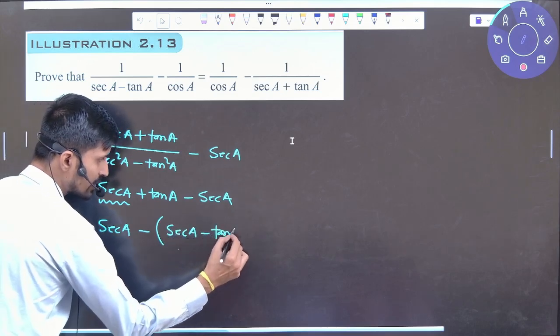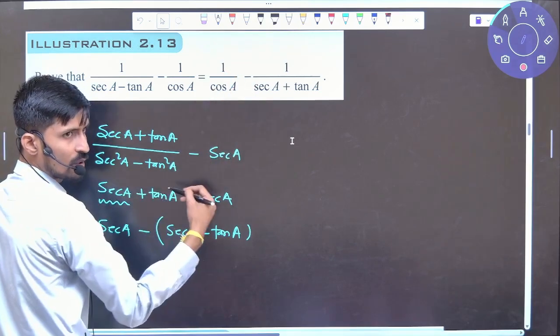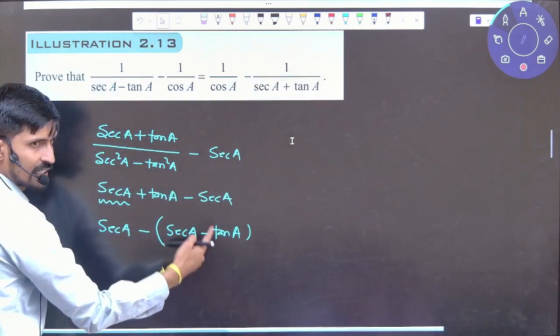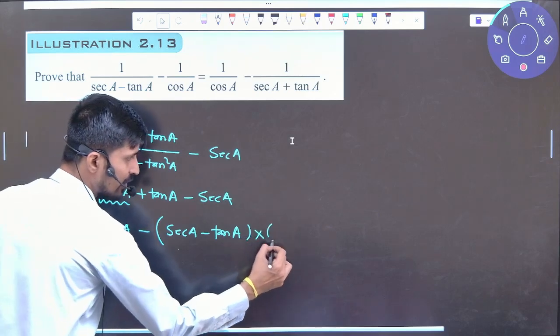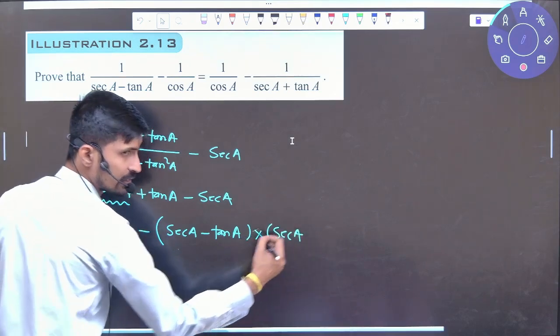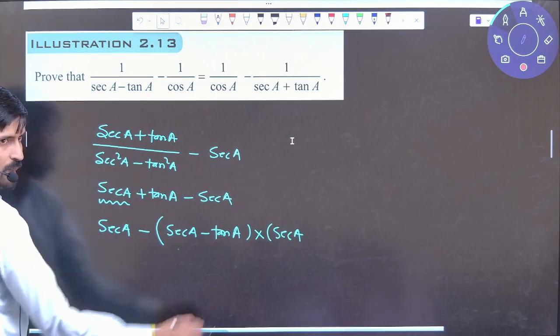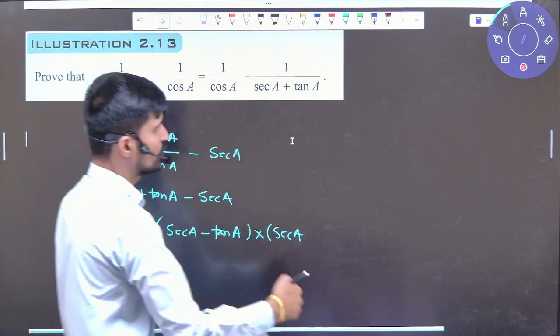Sec A minus tan A. So see, sec A minus you got, sec A minus you got. And only you want to change this. So don't you think sec A minus tan A is 1 upon sec A plus tan A? So what you can do? You can multiply and divide with its opposite sign. Numerator will become 1. Denominator will become sec A plus tan A. Proved.